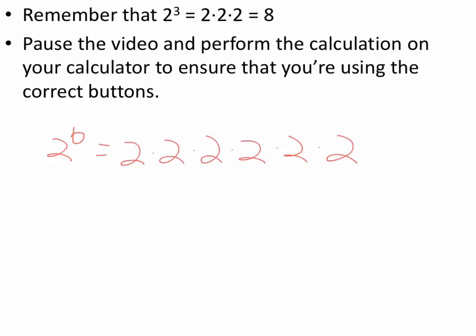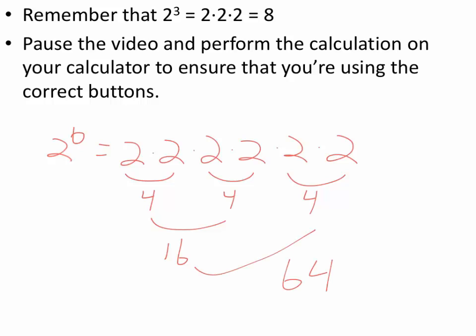So if we go through and calculate, these 2 will be a 4, those 2 will be another 4, and these 2 will be another 4. So if we have 4 times 4, that's then 16, and 16 times 4 gives us then 64.